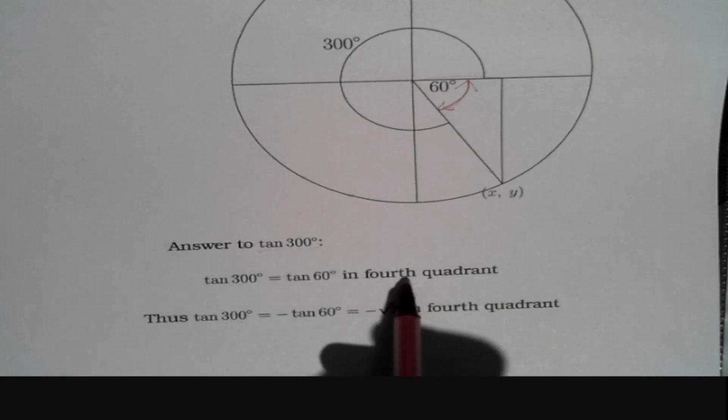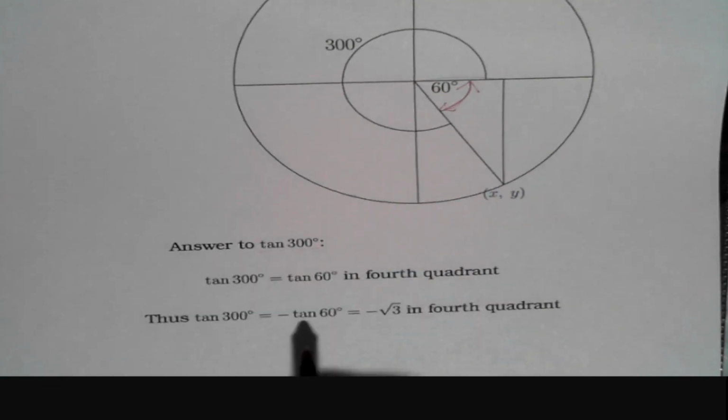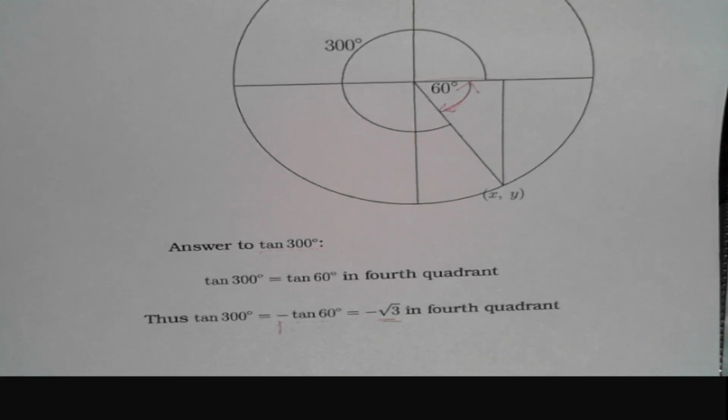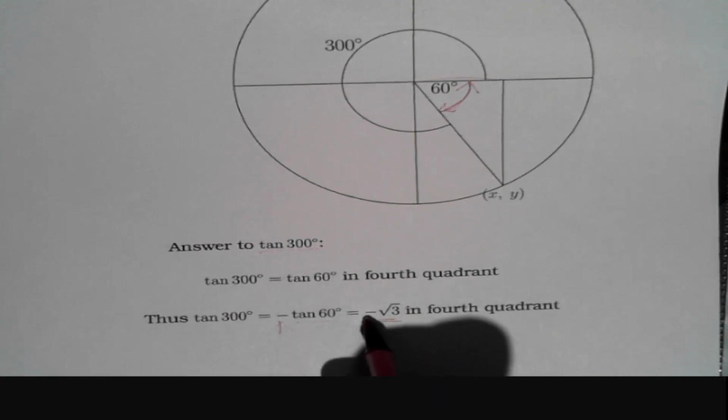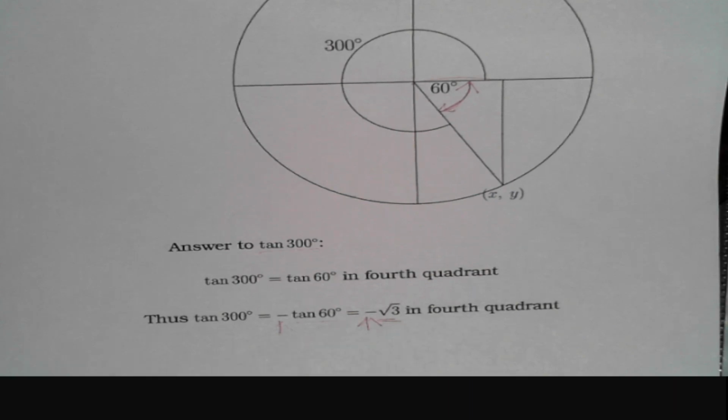In quadrant 4, only cosine is positive, all the others are negative, so tangent 300 will be the same as tangent 60 degree in quadrant 4, which is negative. And then tangent 60 degree, you can get the value from the 30, 60, 90 degree triangle, which is root 3. And the value is negative.